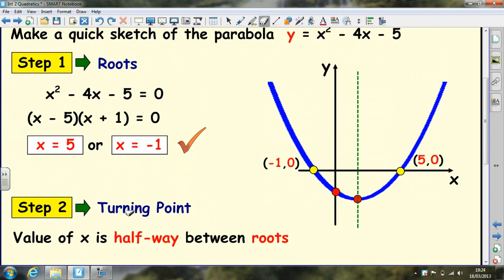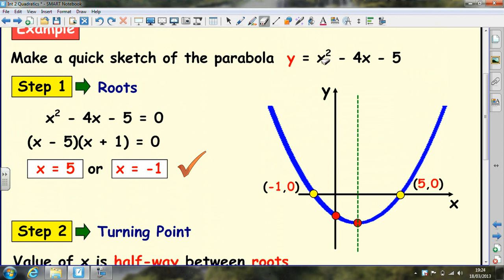Now, we have got an x value of 2 here. The equation says to work out y, and this is what this really means: you take x, you square it, you take away 4 times x, and then you take away 5. Now we've just worked out that x is 2, so if we substitute 2 in these places, we can work out the y value of this turning point.